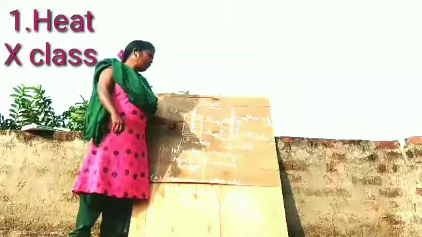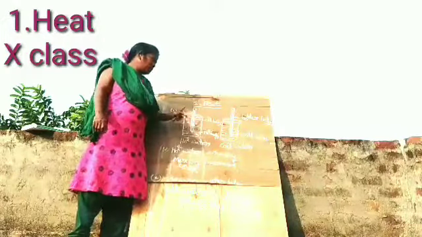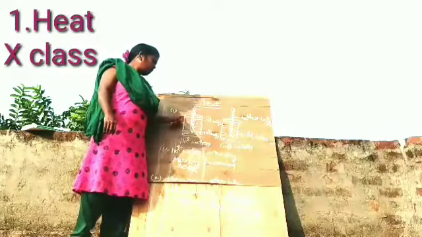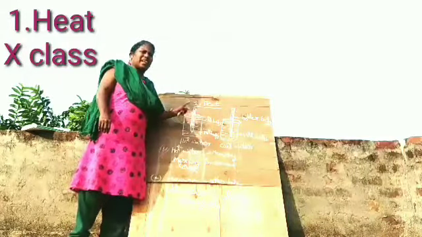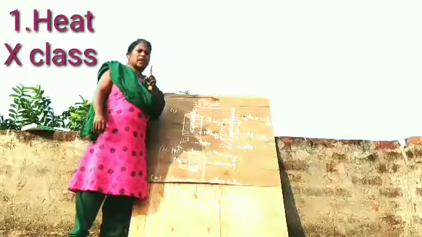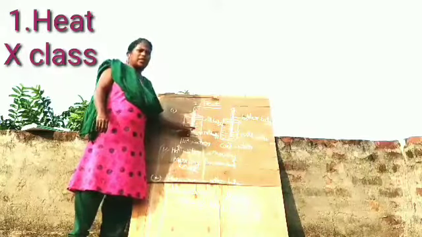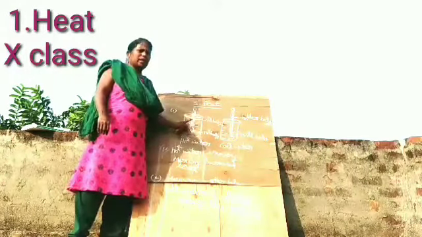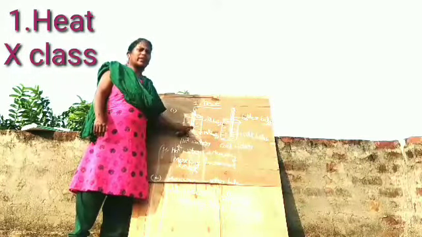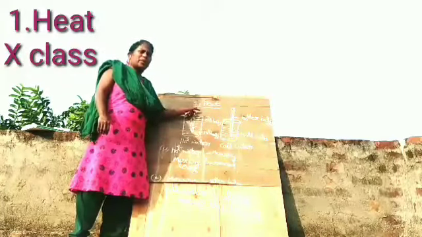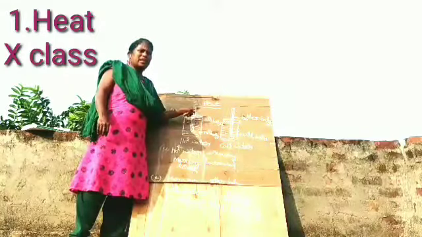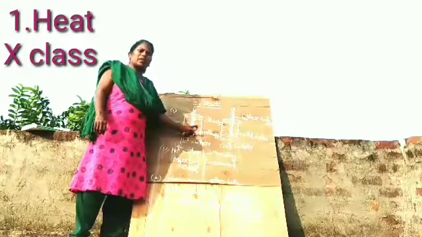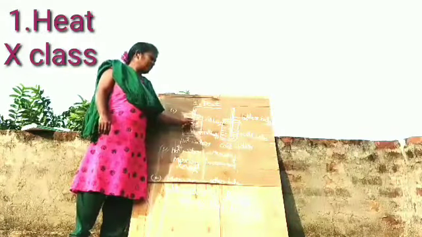That's it. Very simple activity. Listen once more. Take 2 glass tumblers and 1 laboratory thermometer. Place it into the first big glass tumbler containing hot water. Here the thermometer containing mercury is the cold body in the first case.